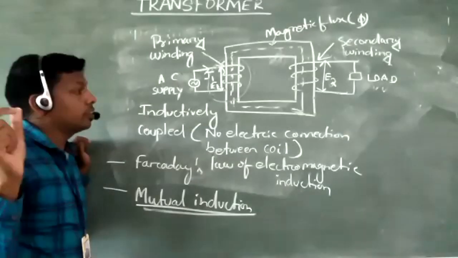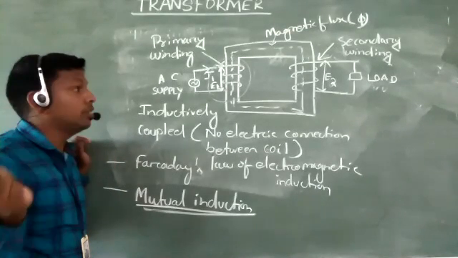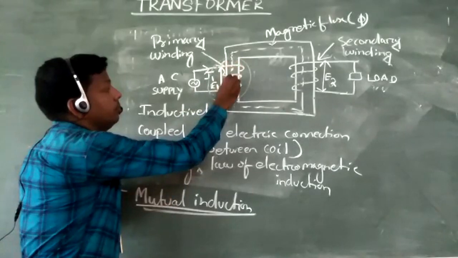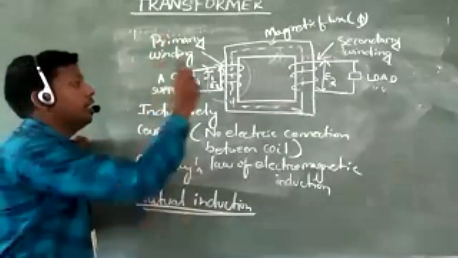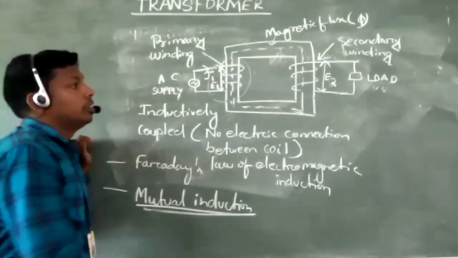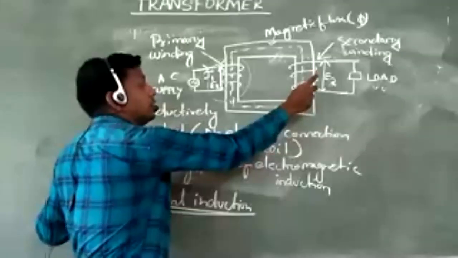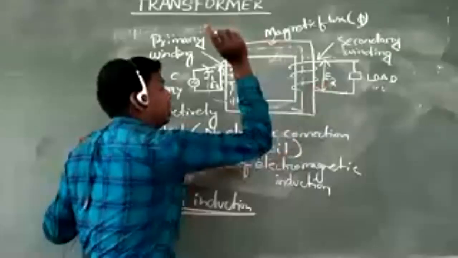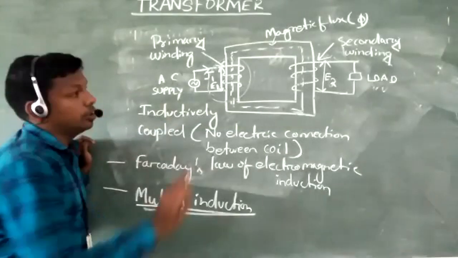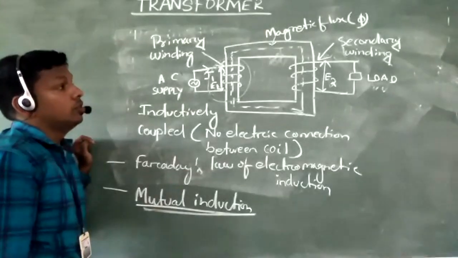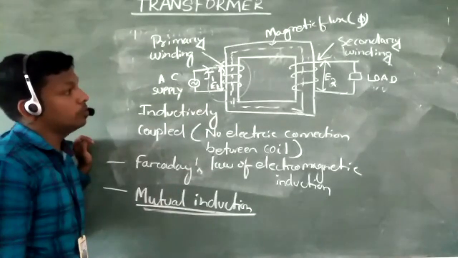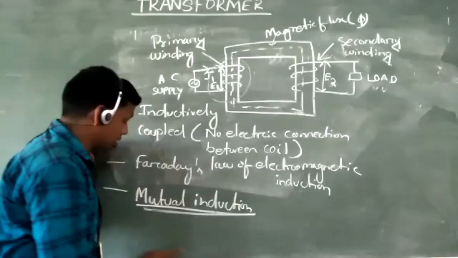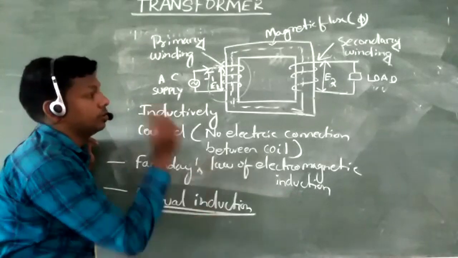With respect to time, the magnitude of the quantity changes. So flux is set up, linking changes, hence EMF is induced. In the same case, alternating flux is linking to the secondary winding and creates an EMF. That is by mutual induction. So this is the basic structure of the transformer, and it follows Faraday's law of electromagnetic induction and mutual induction.